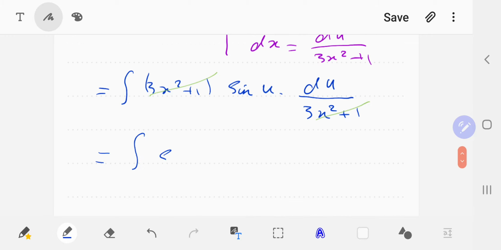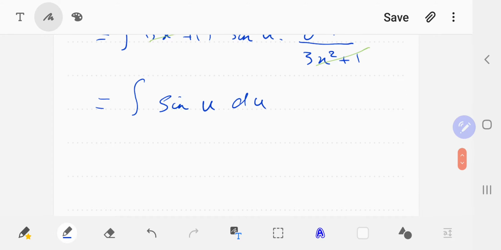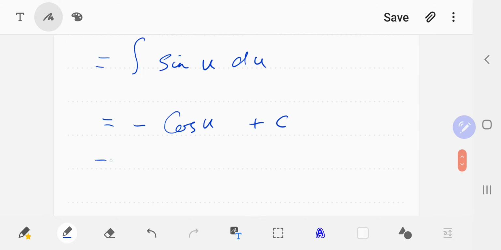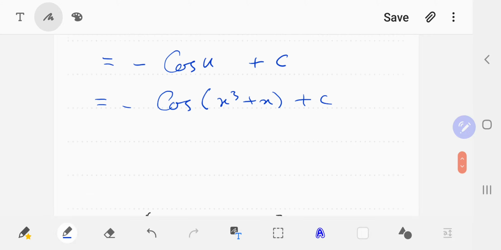So integration of sine u du, and sine u has its own rule, that's negative cosine the angle divided by the coefficient of the angle. Since it's linear, we are done. So negative cosine the angle x cubed plus x plus c. That's it. I guess this is easy.